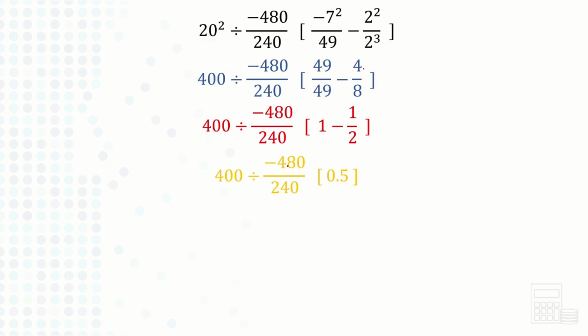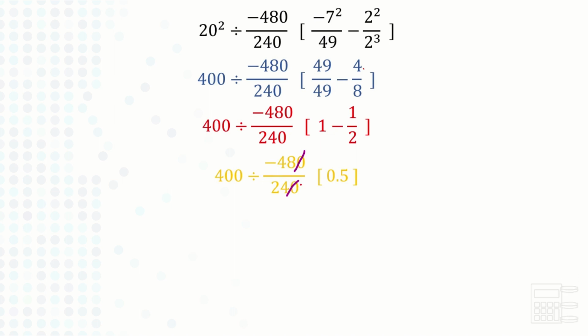Over here we have 480 over 240. Because they both are multiples of 10, I can eliminate the zeros and divide by 10. Divided by 10, both of them, it means I am going to cancel the zeros.